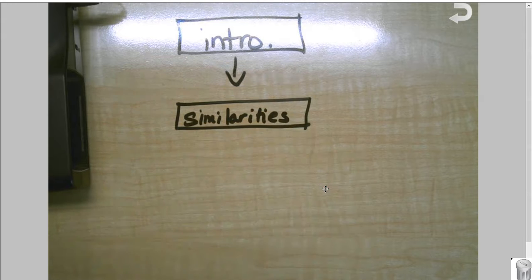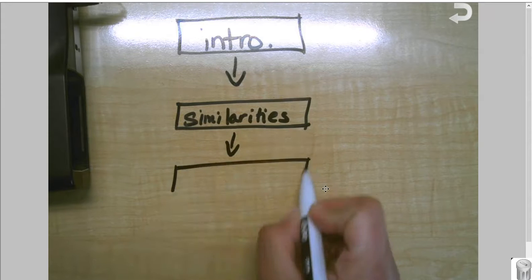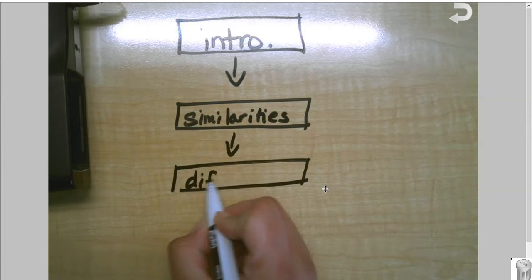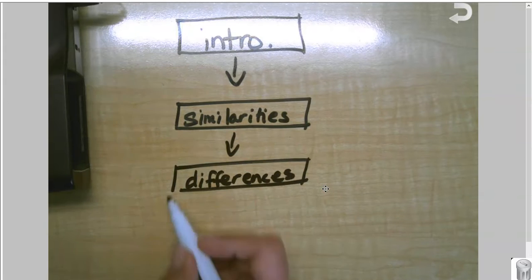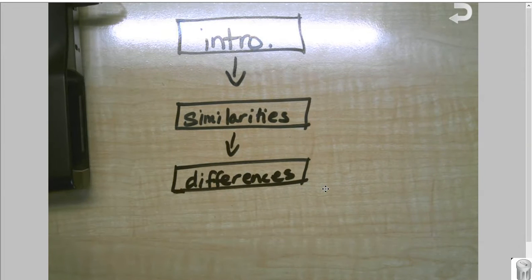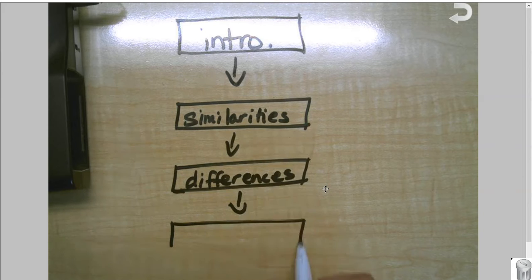The second paragraph here discusses all about the similarities between the two topics that they chose, middle school and elementary school. And after that, they mention the differences, all the contrasting or differences about those two topics, and they finish it out with a paragraph, their conclusion.